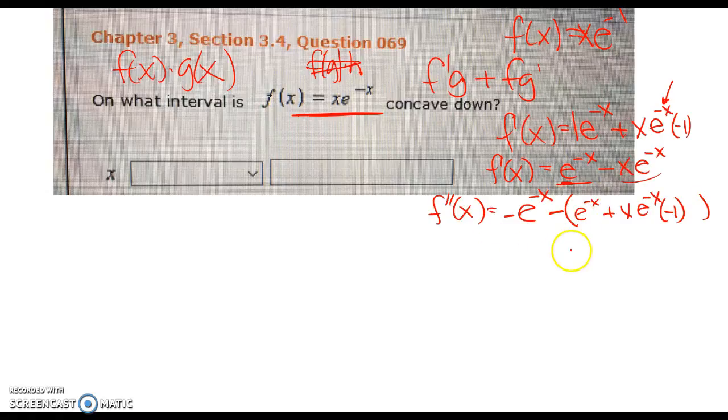Alright, so let's simplify. Negative e^(-x) minus e^(-x) minus x e^(-x). That's my second derivative.